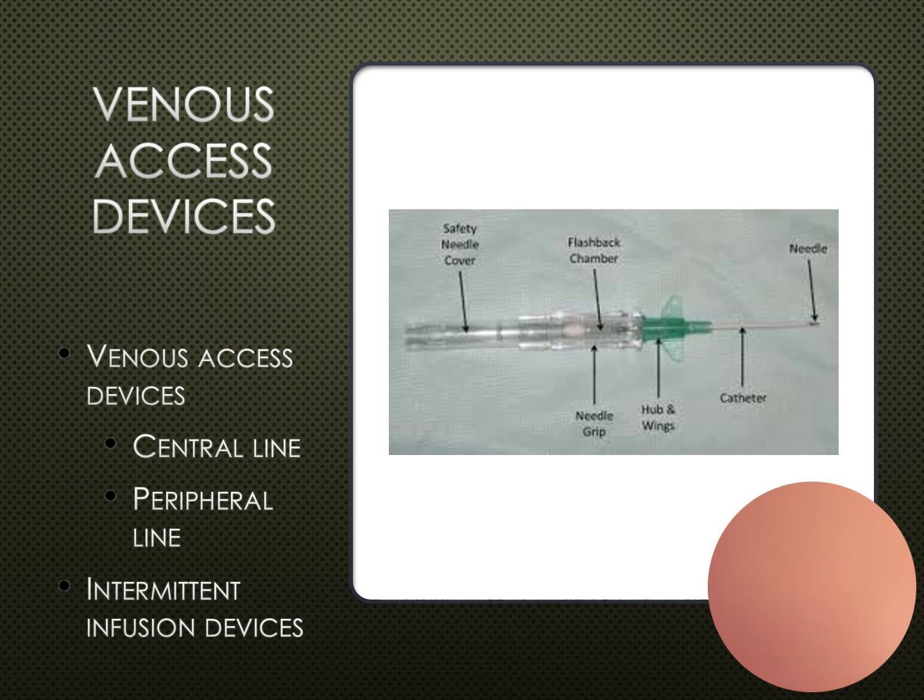We have a sharp needle that is used as the stylet. A stylet is basically what is going to guide the catheter into the vein. And the catheter is going to be slightly shorter than the stylet. We will then remove the stylet once we have successful cannulation, and we leave that flexible silicone catheter in the vein.